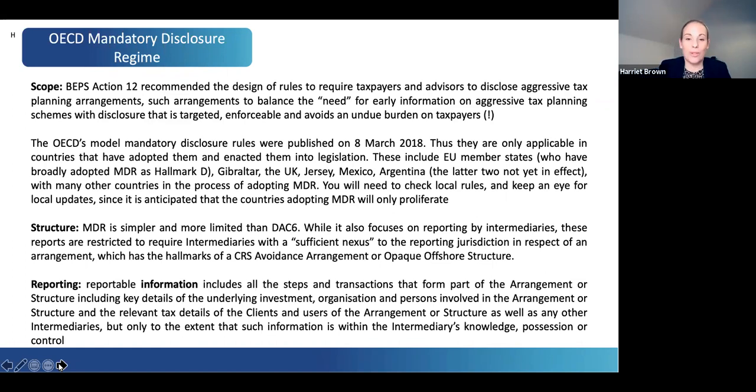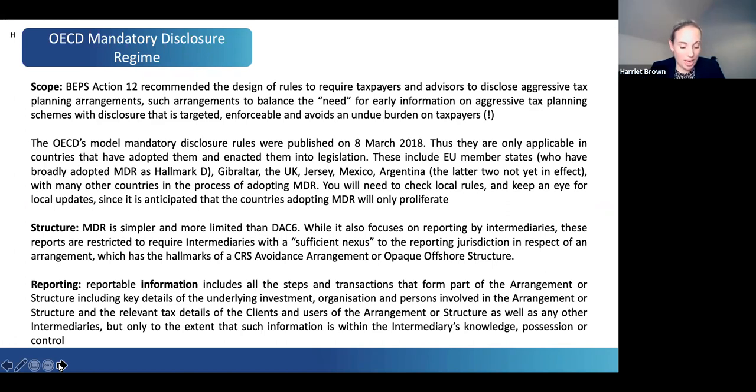And what the OECD says is, they wanted to balance the need for early information on aggressive tax planning schemes with disclosure that is targeted, enforceable, and avoids an undue burden on taxpayers. Now, one of the ways that they've gone about ensuring there's no undue burden on taxpayers is simply to put the burden on professionals. So into what the regime refers to as intermediaries.